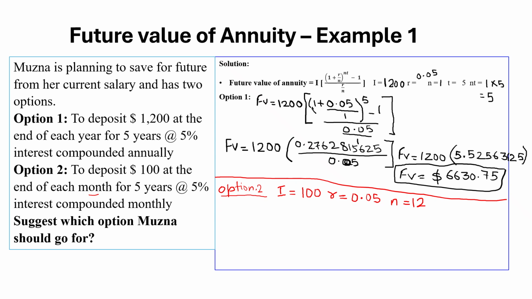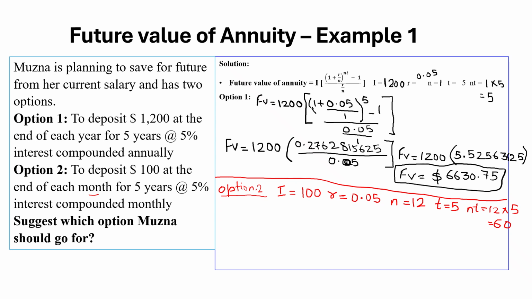Then we will write our T. What is our T? Time. Time period is again 5 years. So what is my NT? 12 multiplied by 5. So my NT will become 60.